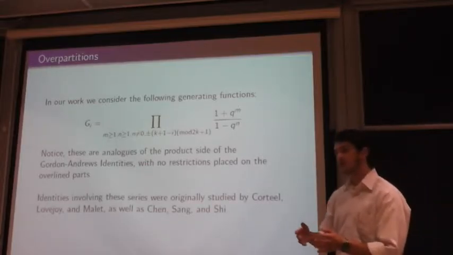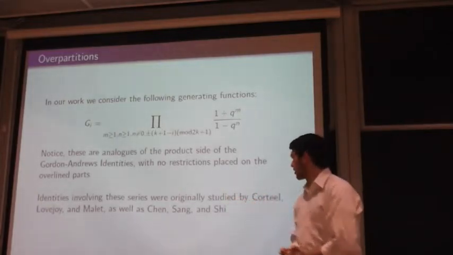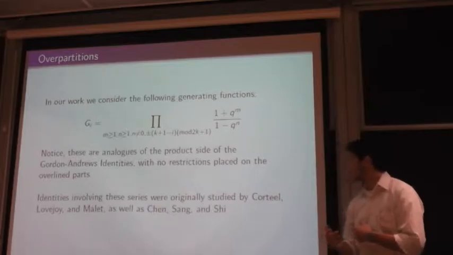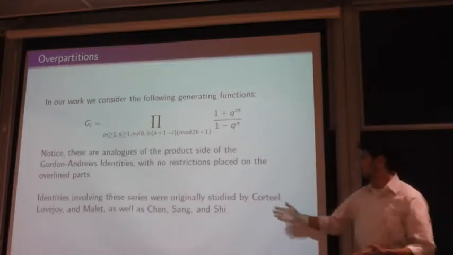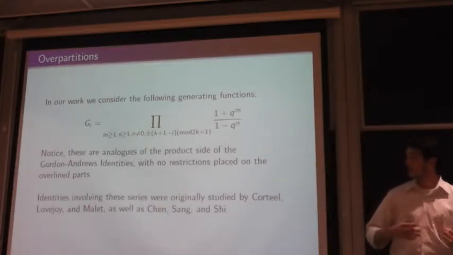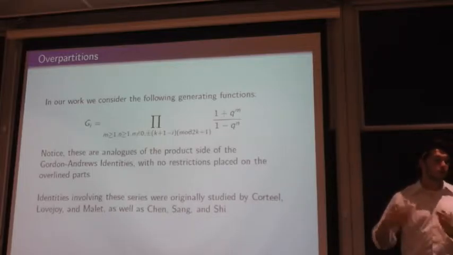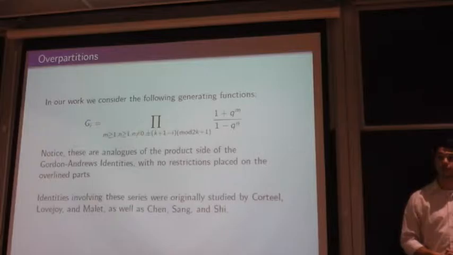So this work, as Chris Sadowski was just saying, was motivated partially by the works of these mathematicians, Corteel, Lovejoy, Mallet, Chen, Sang, and Shi. Basically, they started to study these, and we looked to further their work and generalize it more so.